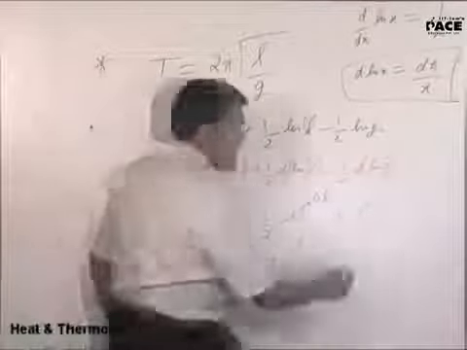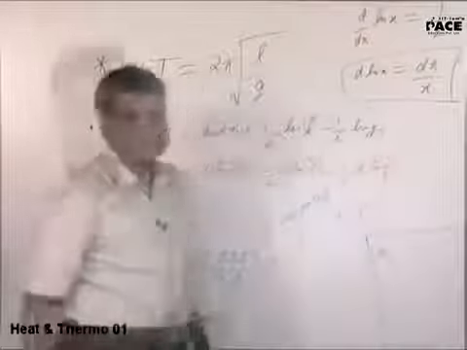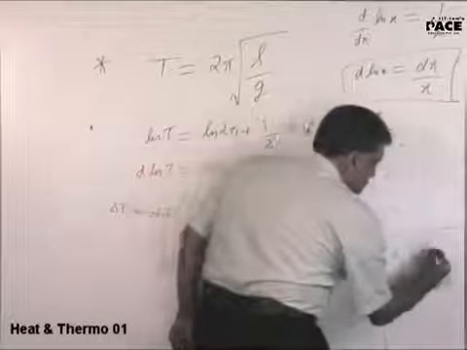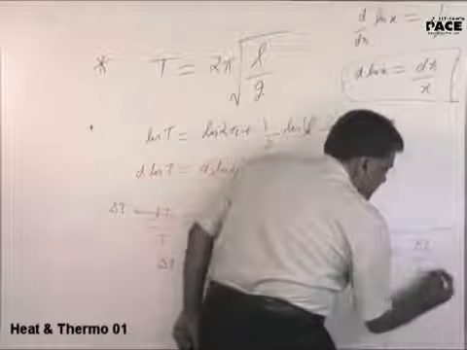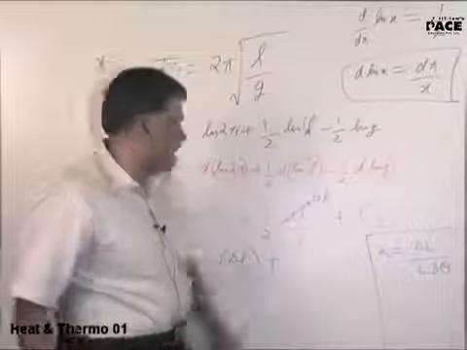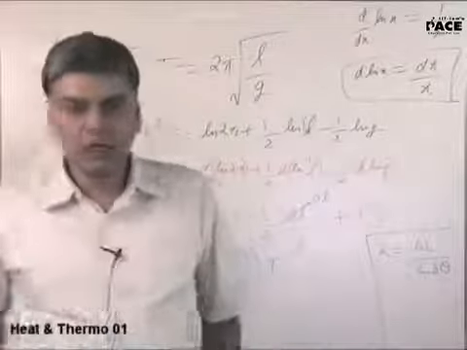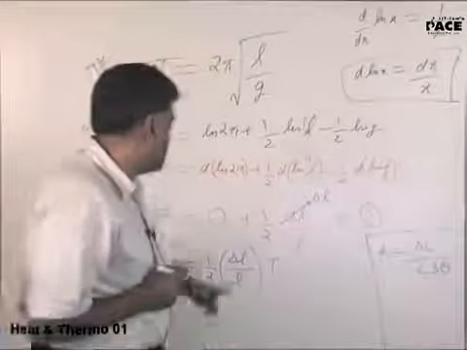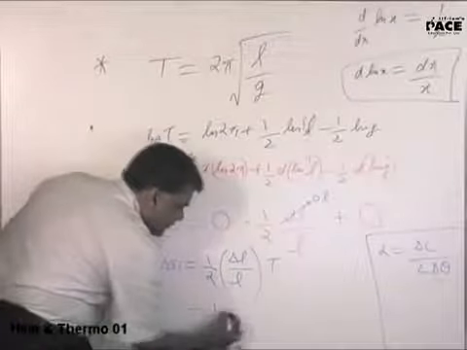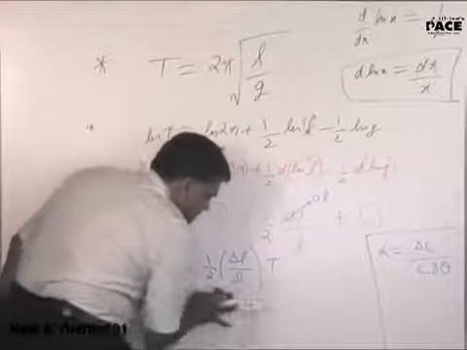We know the definition for alpha: alpha is 1 by L into dL by dt, that is delta L by L delta theta. I'm not calling it delta t because t is for time period now. I'm calling it theta. Theta is change in temperature. So what is delta L by L? This is alpha delta theta. So delta t is half alpha delta theta times t.